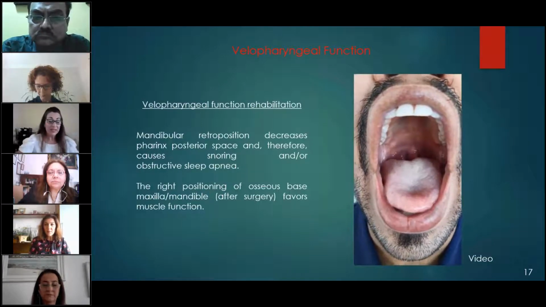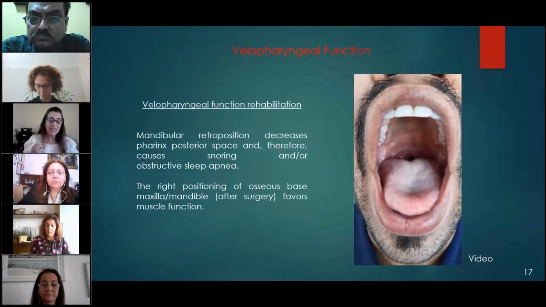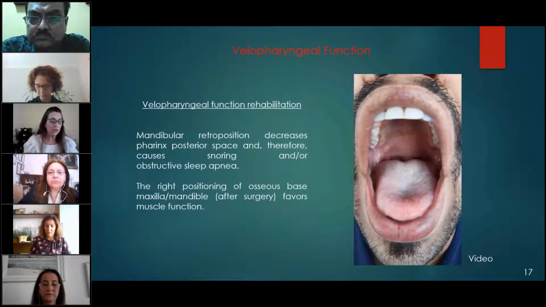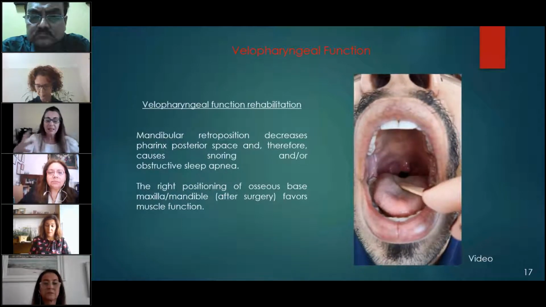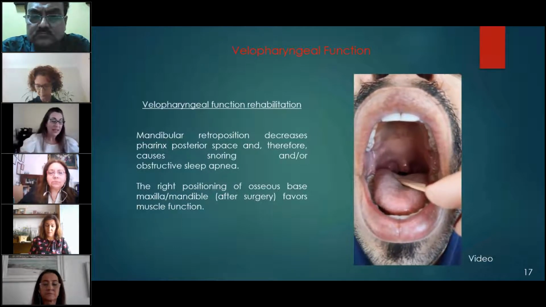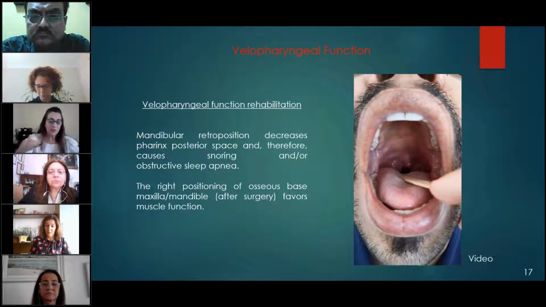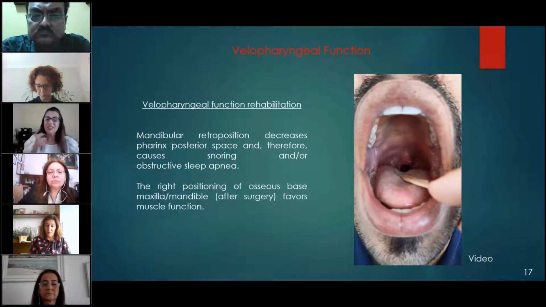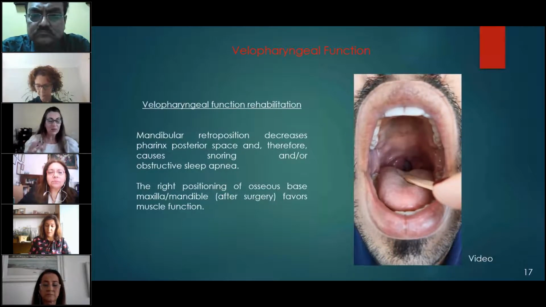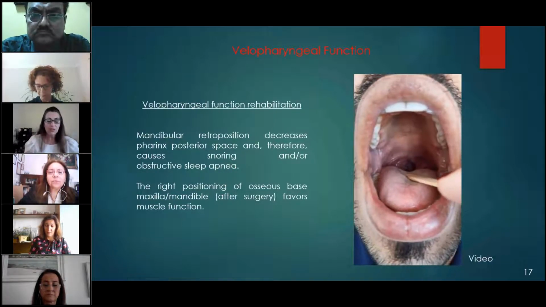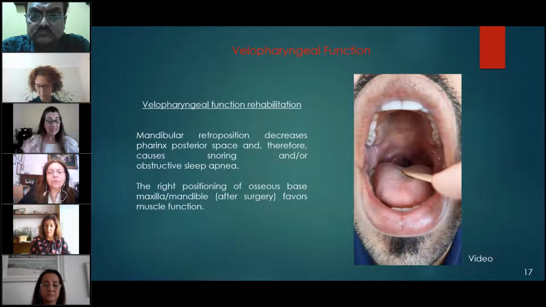Another symptom is the movement limitation of the oropharyngeal region. After mandibular advancement and sometimes maxillary, the entire mandibular musculature is stretched and it increases the respiratory and oropharyngeal space, but it is necessary to work the muscular area.